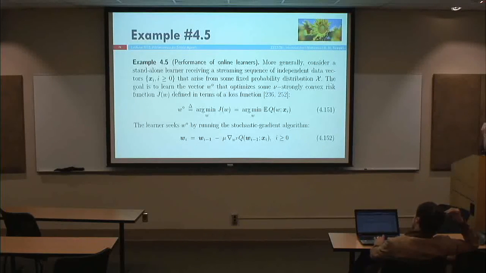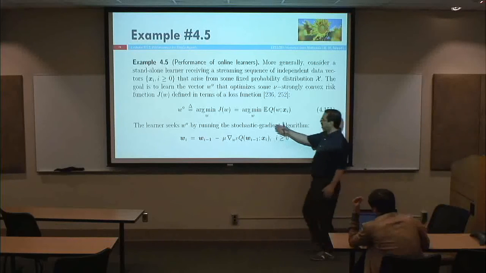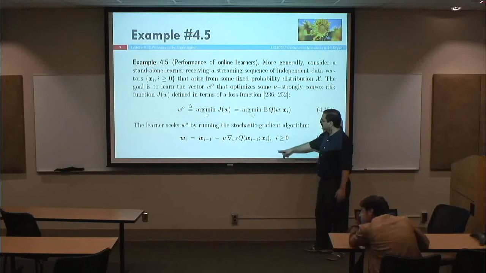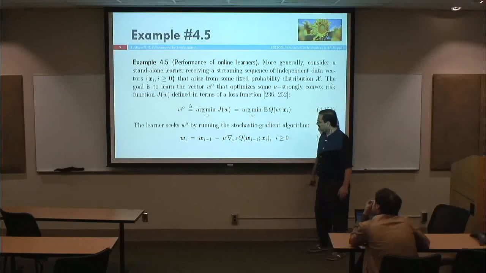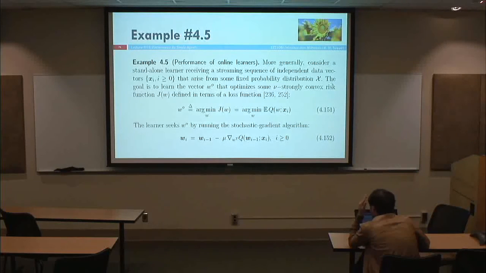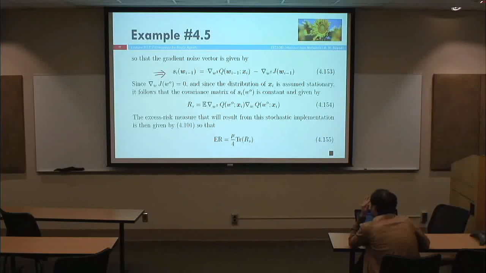More generally, not just logistic regression, for any other learning algorithm where you would like to minimize a particular cost, and you use a stochastic gradient algorithm by using the gradient of the loss function, you get a gradient noise, which is the difference between what you want to use, the true gradient, and the approximate gradient.